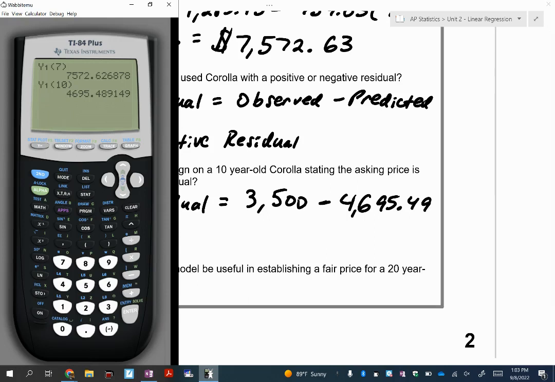Let me confirm. Excellent. Now I do 3,500 minus that, and this will give me my residual.